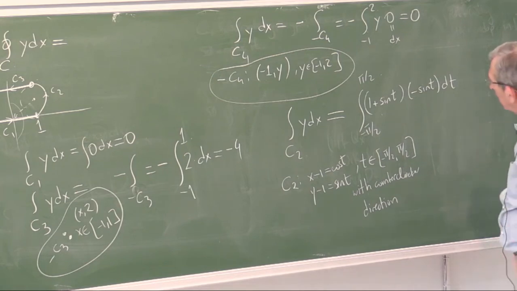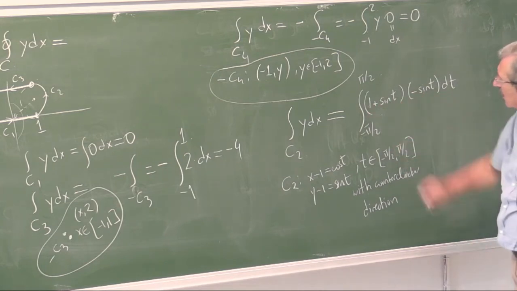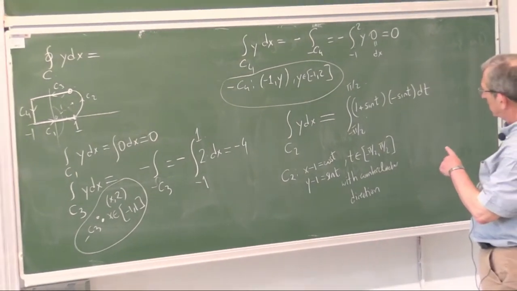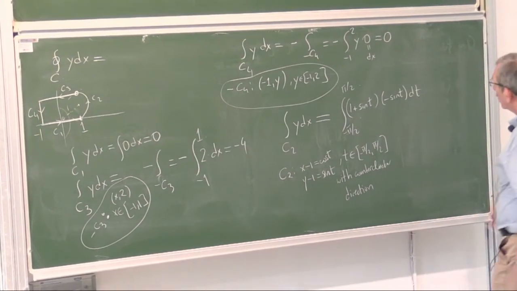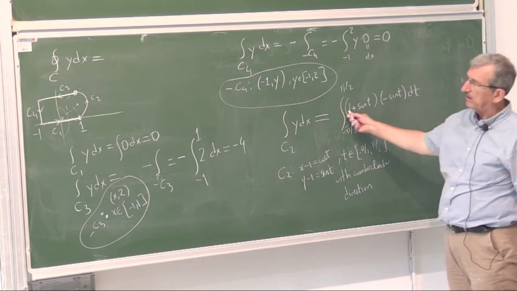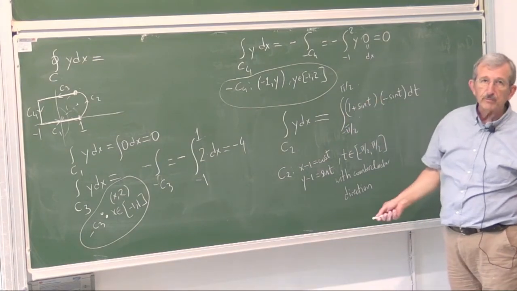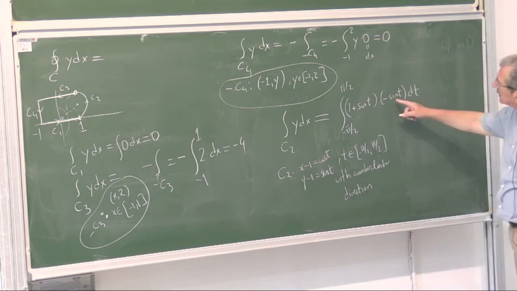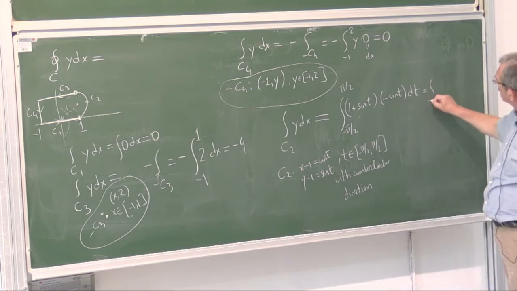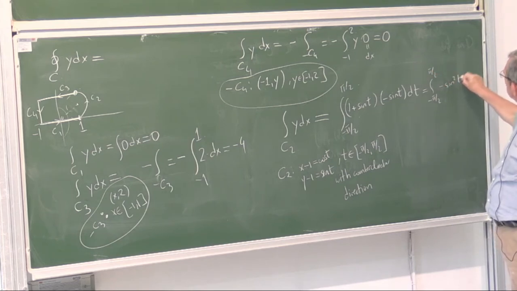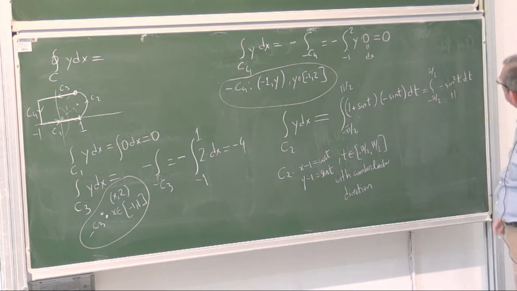Okay. Well, integrating, am I correct? I have minus sine t, yes. So we have minus sine t, whose integral would be cosine. At these points, it is 0. So this is the same as just the integral from minus pi over 2 to pi over 2 of minus sine squared t dt, and this being what?